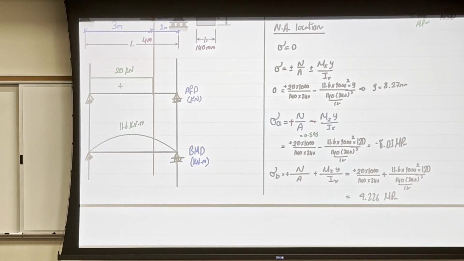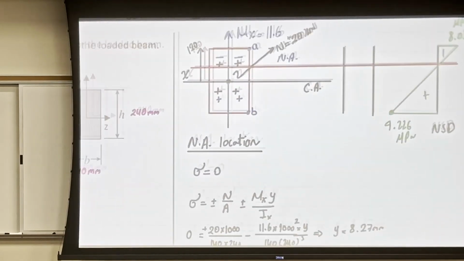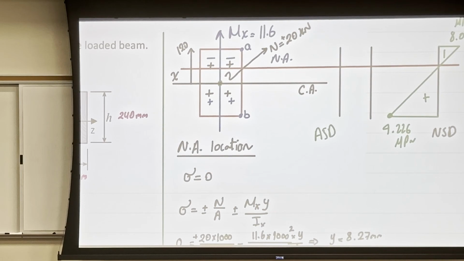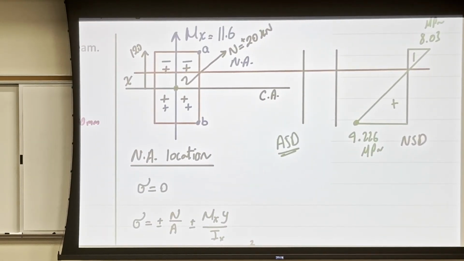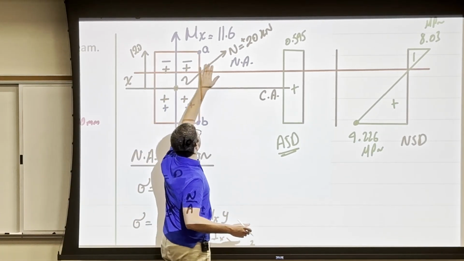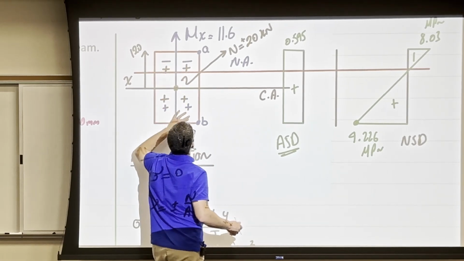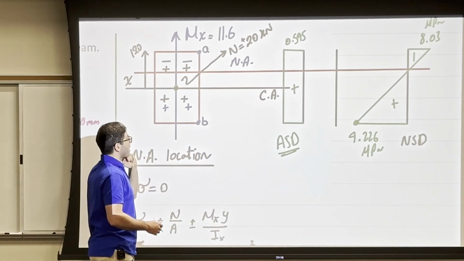And the axial stress at B due to only axial force, that is 0.595, which tells you that the axial stress distribution only, both of them were positive 0.595. So I'm going to draw the stress, which is constant all the way, 0.595, which is due to the normal force only. Due to normal force, every point within the cross section feels a stress of 0.595, right?